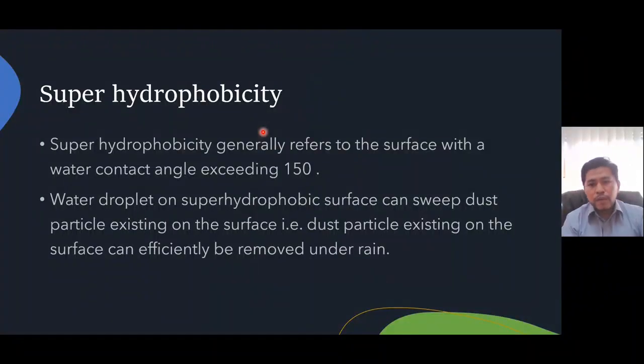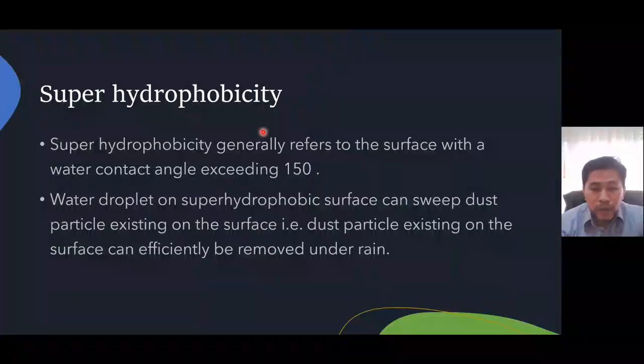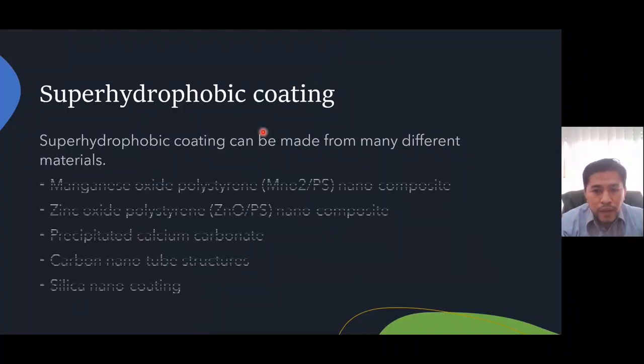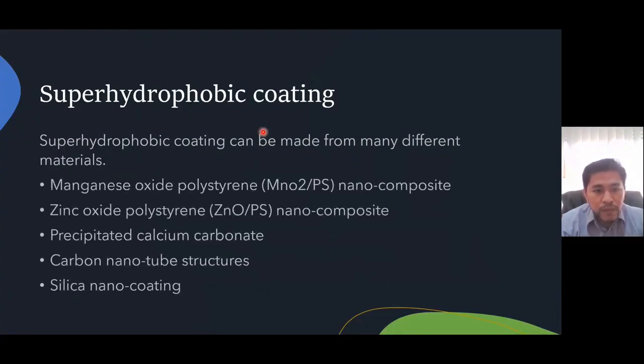We have a few examples of super hydrophobic coatings that are available. A super hydrophobic coating can be made from many types of different materials. For example, we have a manganese oxide polystyrene composite, a zinc oxide polystyrene composite, precipitated calcium carbonate, carbon nanotube structure, and also a silica nanocoating.